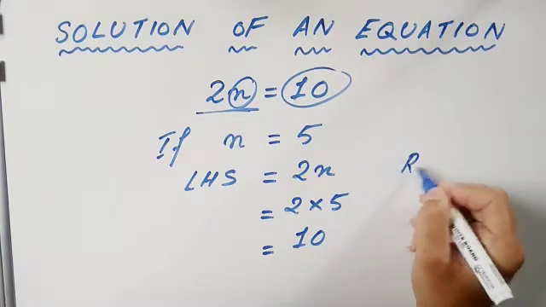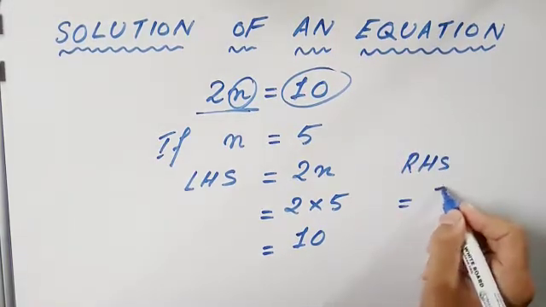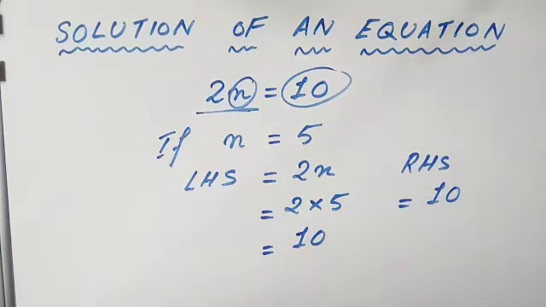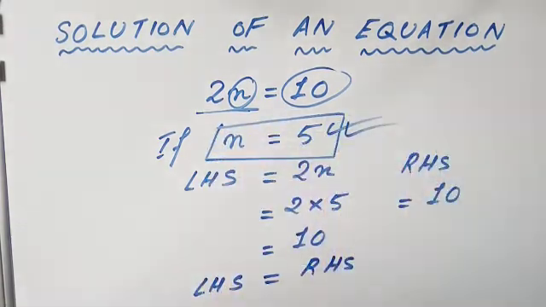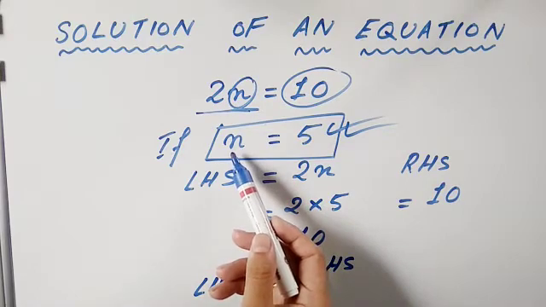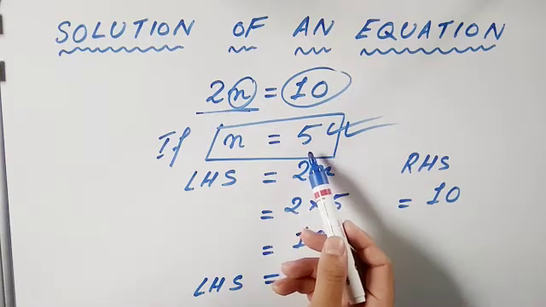And the value on the right hand side is also 10. So it means that the value on the left hand side equals the value on the right hand side only when the value of the variable n is, yes, taken to be 5. So when the value of the variable n is 5, it satisfies the given equation.